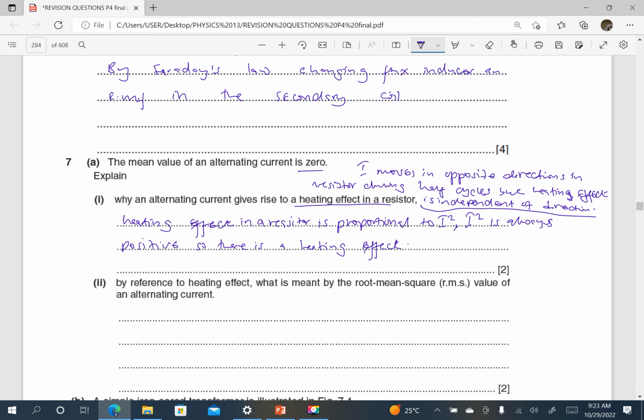That is also one. You could also look at I and V. The power dissipated is equal to I times V, and I and V are always in phase. The product is always positive.